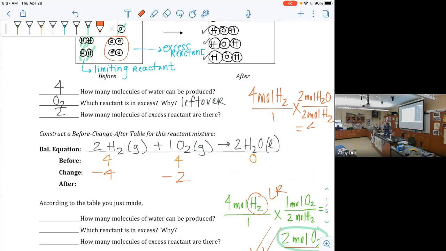That comes out to be 4 moles of H2O get produced. After, we end up with 0 moles of our limiting reactant left over, because we are going to use up all of the limiting reactant, that's the definite part of the definition. We're going to end up with 2 moles of your O2 left, and we're going to produce 4 moles of H2O. Sorry, I gotta squeeze that in there.